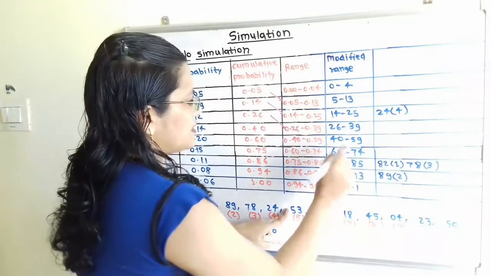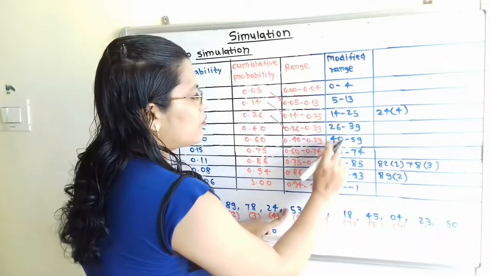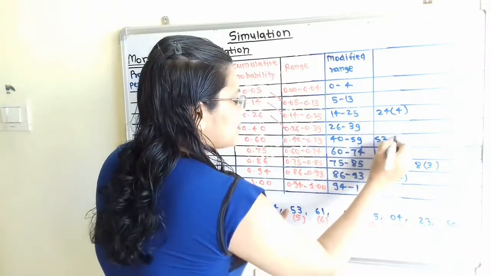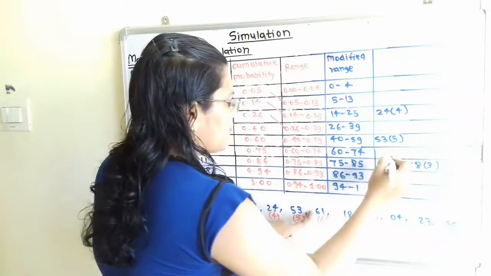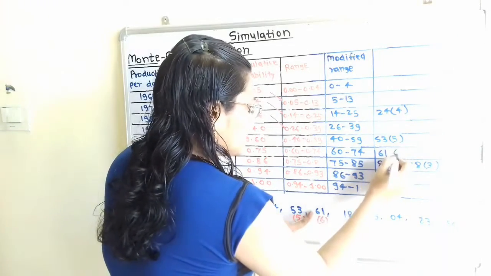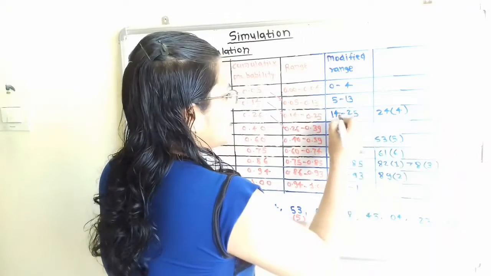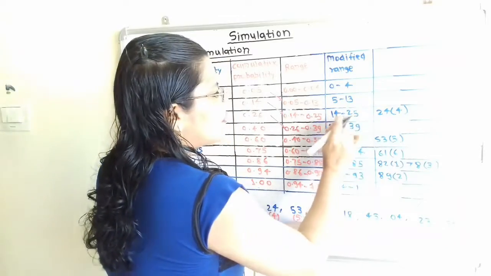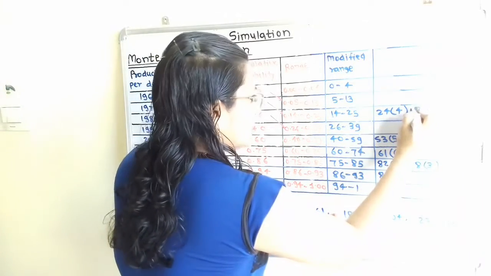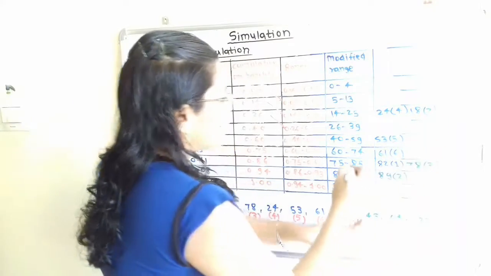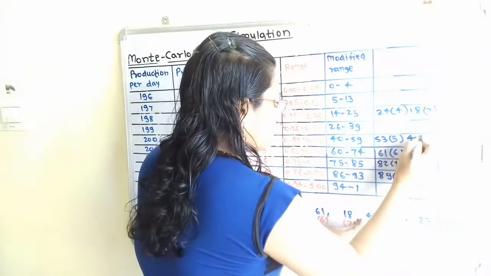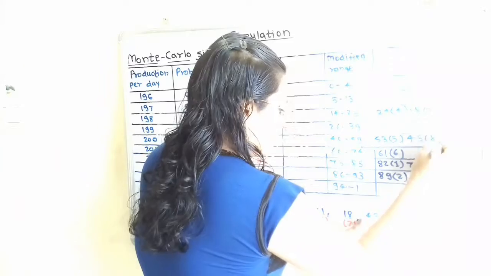Then 53. 53 is in between 40 and 59. So 53 here is the fifth. 61. 61 here is the sixth. Then 18. 18 will be in between 14 and 25. So I will write 18. This is the seventh. Then 45. 45 will be here. It is the eighth. Then 04.